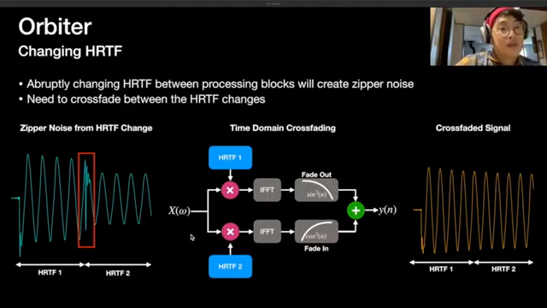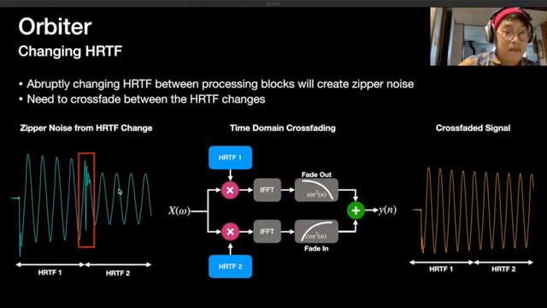Likewise, another copy goes through, and the new HRTF is applied. Take the inverse FFT, and it's faded in with this cosine signal. And so the total signal is a summation of these faded signals. This gives us a much smoother transition in between HRTF changes than if we had abruptly changed them without any crossfading.